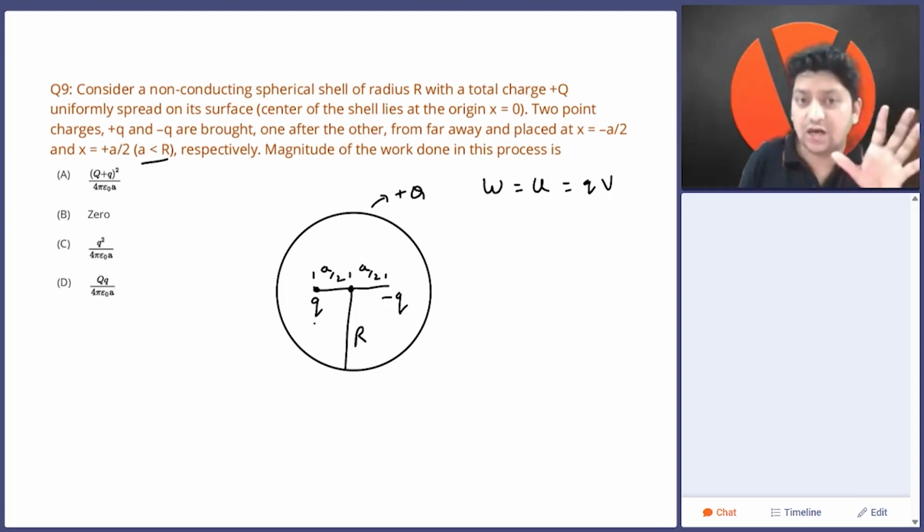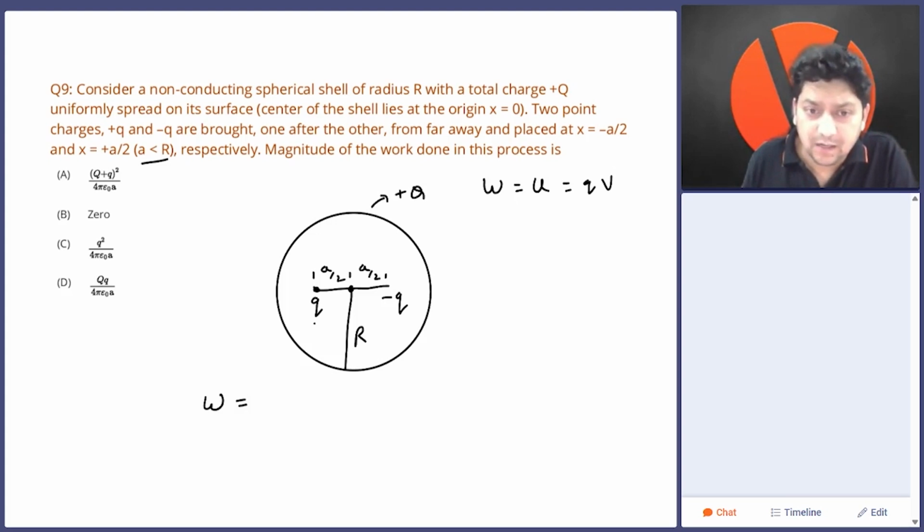There is no other charge, only the spherical shell has charge right now. Initially, plus q charge is brought to this position. So the work done to bring plus q charge over here will be equal to k q q by r. This is for plus q.